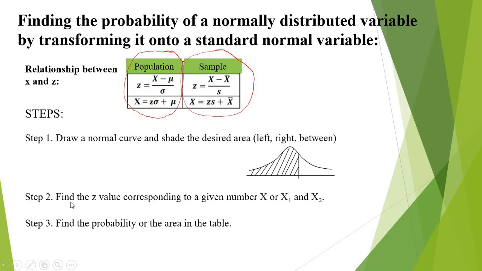So step 2, we find the z value corresponding to a given number x1 or x2. And the third step would be to find the probability or the area in the table. So we need to have a cumulative standard normal distribution table.